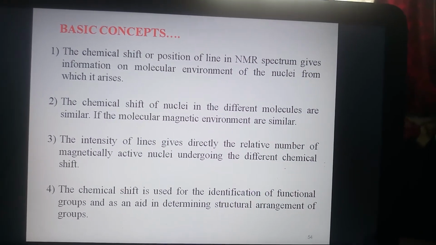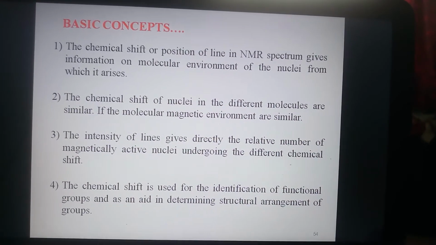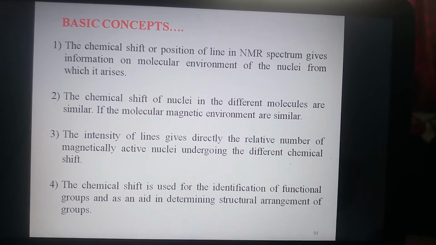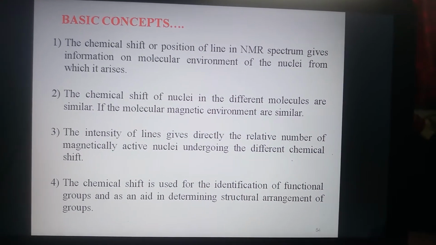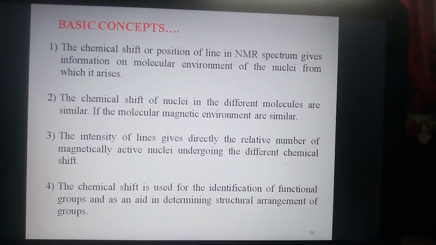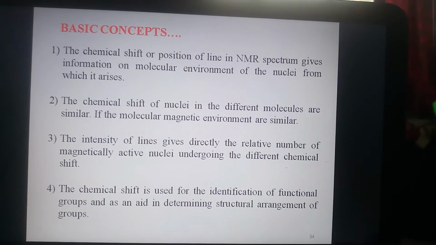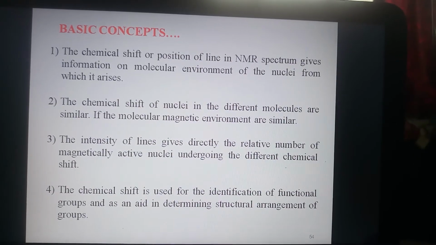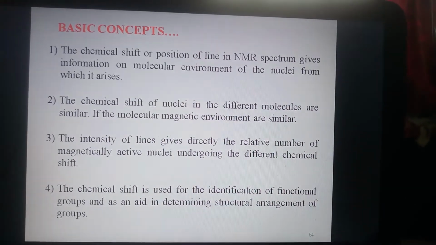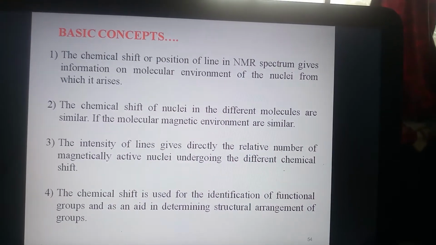How it is surrounded, how many electrons and other groups, whether it is electron withdrawing or electron donating, like that. The chemical shifts of nuclei in different molecules are similar if the molecular magnetic environments are similar, provided. You have to remember, if the molecular magnetic environments are similar.